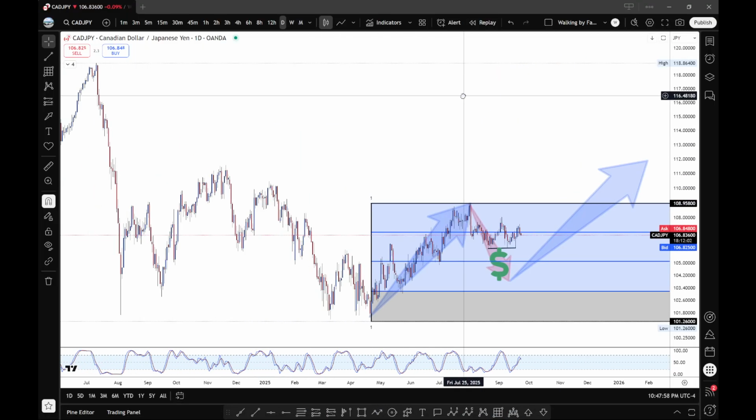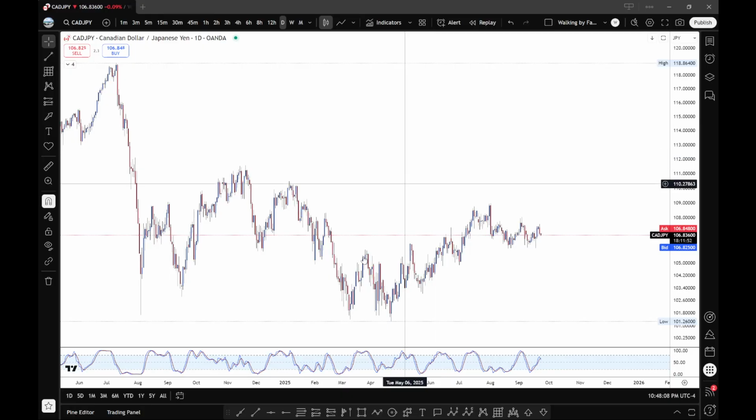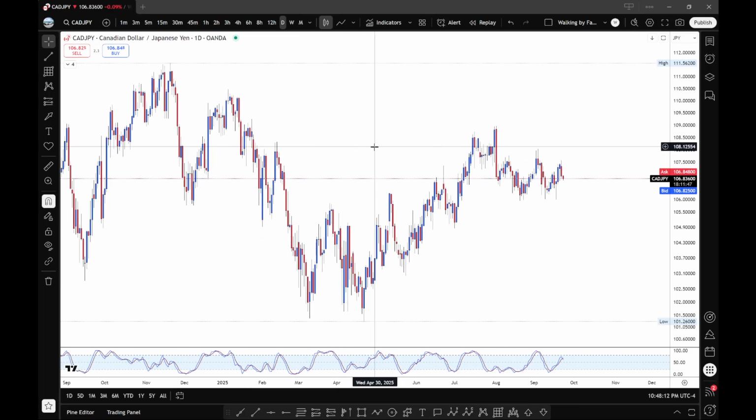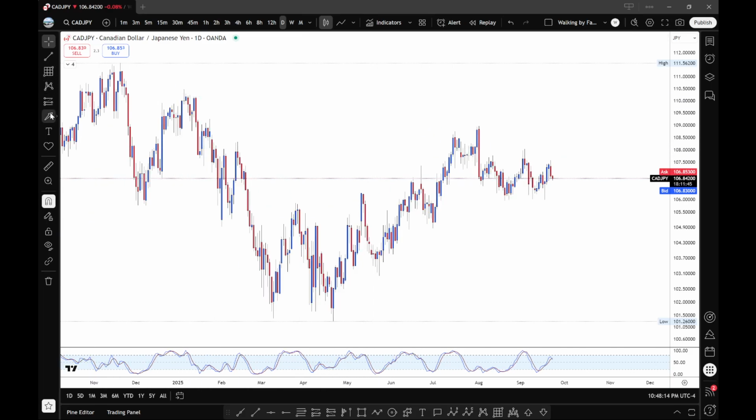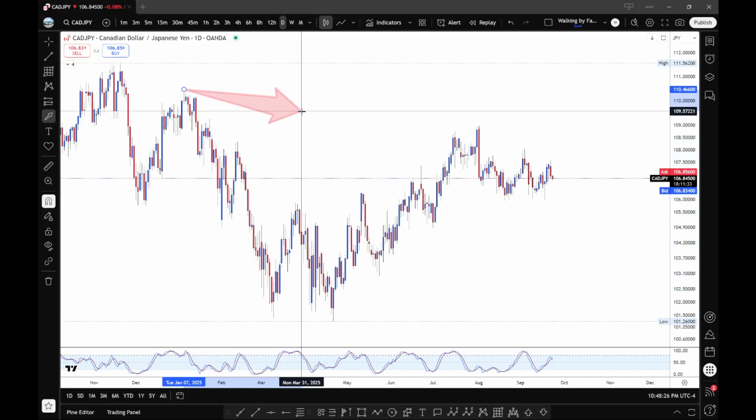So let's say that was an uptrend, right? So this is a downtrend and this is the pullback, right? Downtrend.